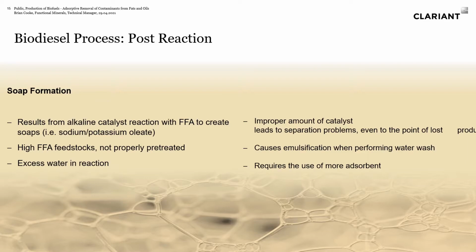It could also indicate an improper amount of catalyst. That can cause emulsion problems, and so when you go to separate the glycerin from the methyl esters, you're going to have some issues trying to do that. Soap is going to require more adsorbent. The more soap you have, the more adsorbent you're going to need.